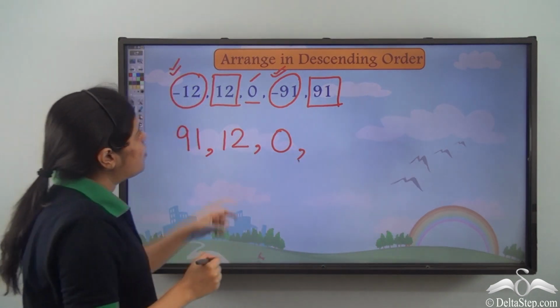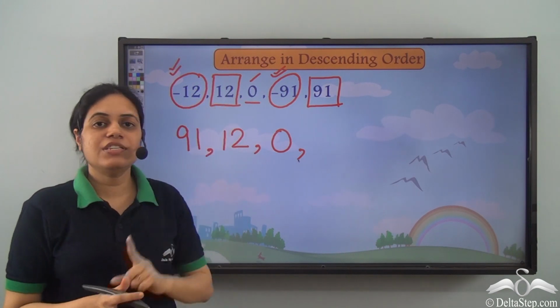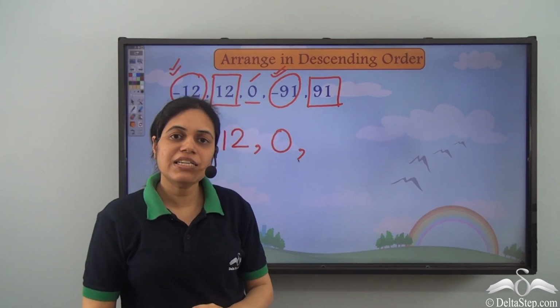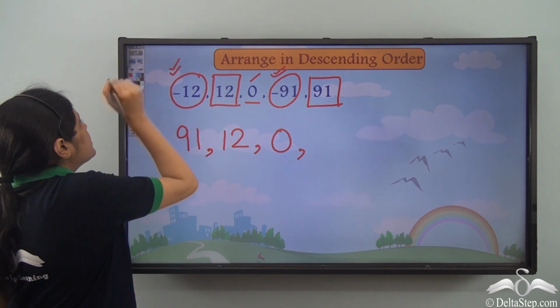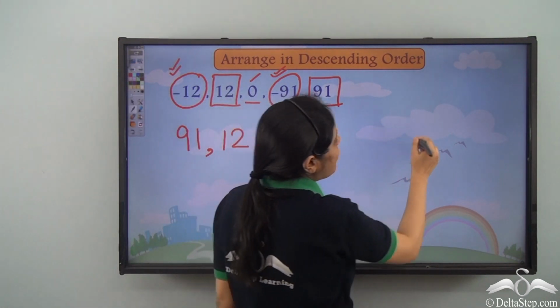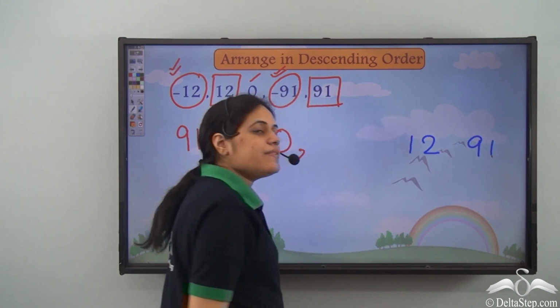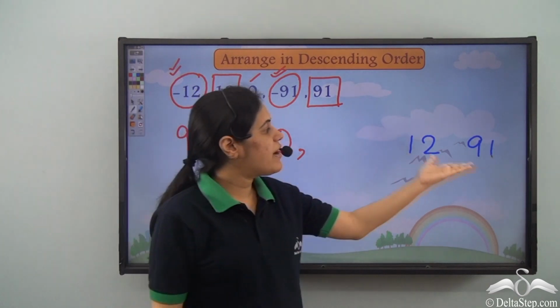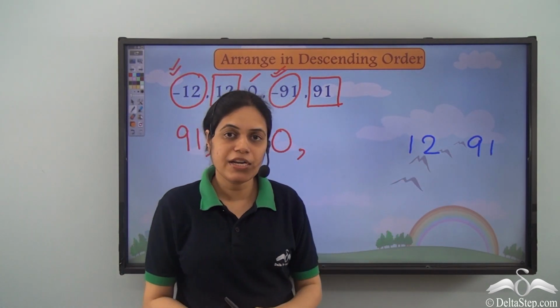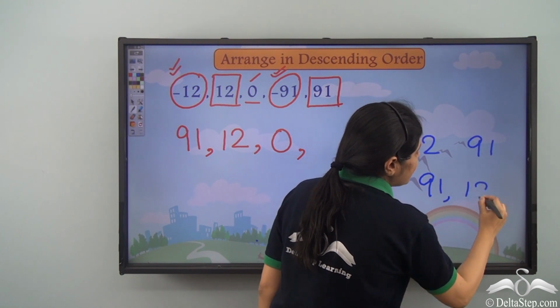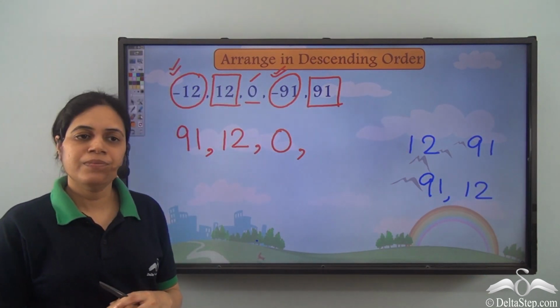Now I have 2 negative integers which are left, -12 and -91. I consider only their magnitudes, that is 12 and 91. Now if I arrange these in descending order, first I will have 91 and then 12.